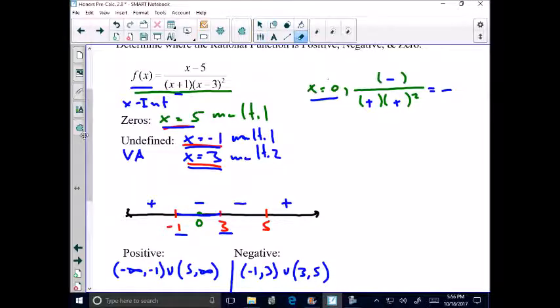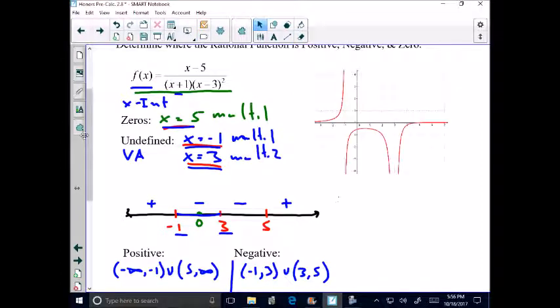I'm going to erase our work so we can just take a look at that graph. And right here, going down and looking at this graph, basically we can see the graph telling us what we determined. It's a little tough to see right here, but we are in fact crossing the x-axis at 5, right? So right here we start out positive above the x-axis, right?